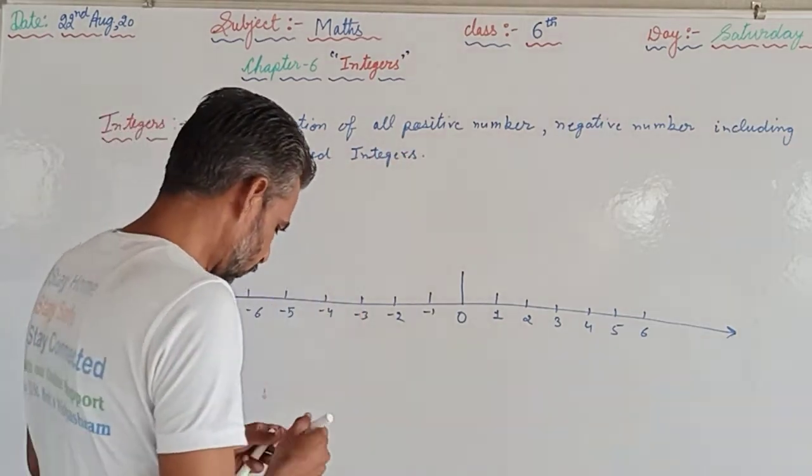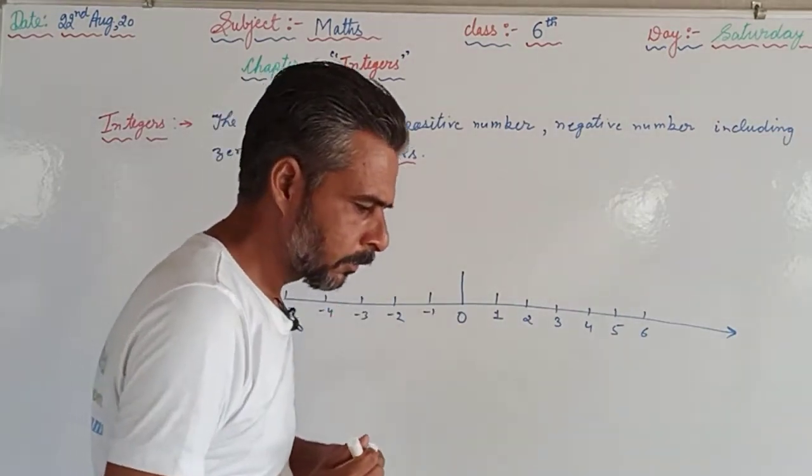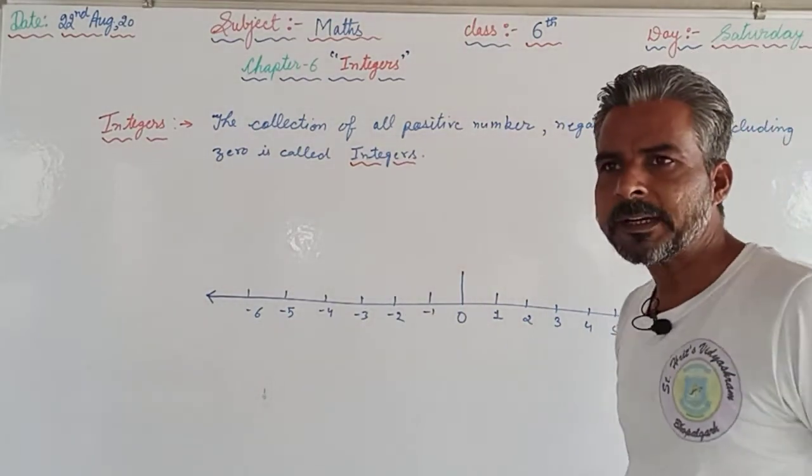Means on the number line we can see that in the center there is 0 and on either of the sides there is no limit, no end is there.